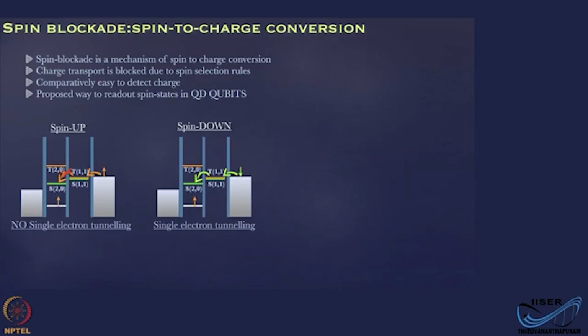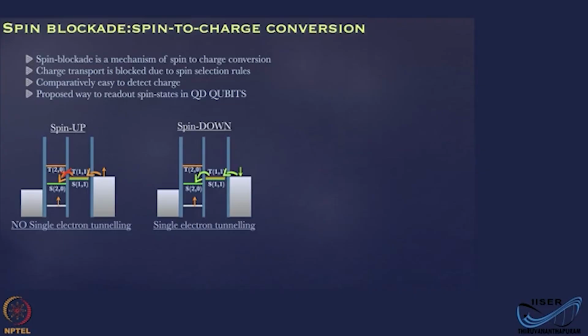And this is more of a blessing, because the detection of a single spin is really hard by probing its magnetic field or magnetic moment, because it has a very tiny amplitude, and it's almost impossible to detect.